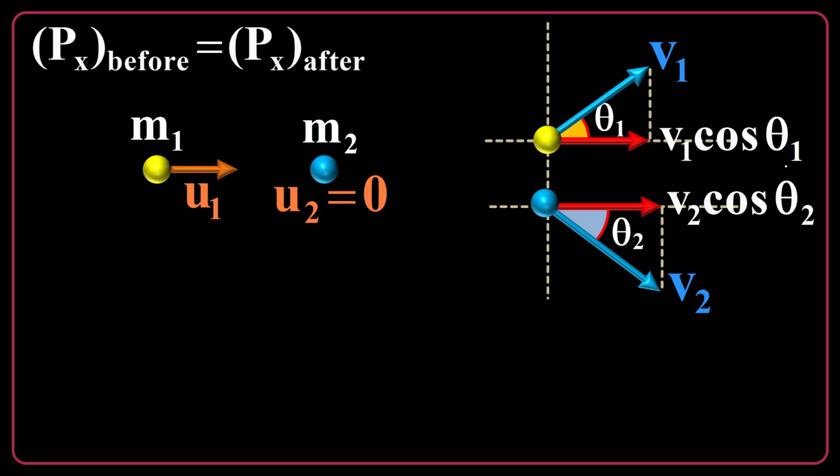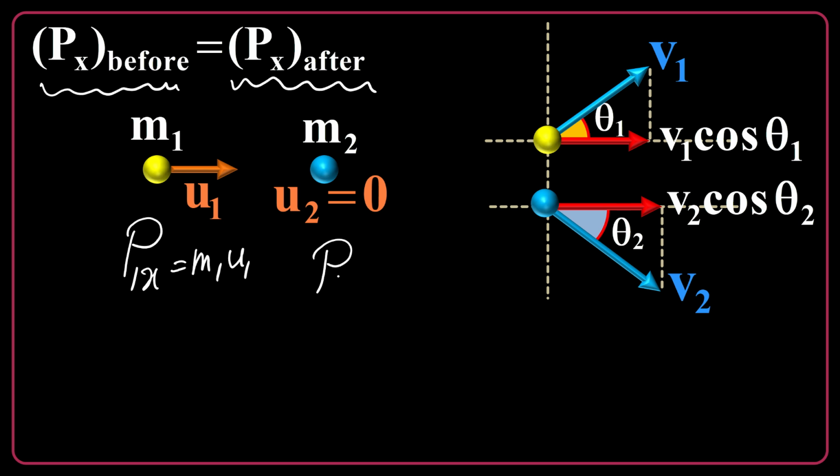And now I can consider the conservation of momentum in horizontal direction. The total momentum before and the total momentum after are going to be equal. So here, be very careful. The momentum of object number 1 is going to be p1x, which is m1 u1. The momentum of object number 2, it's at rest, it's 0.